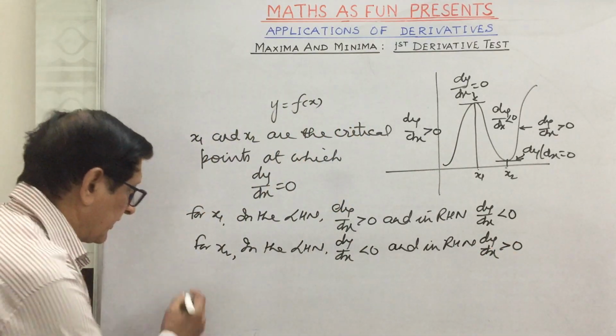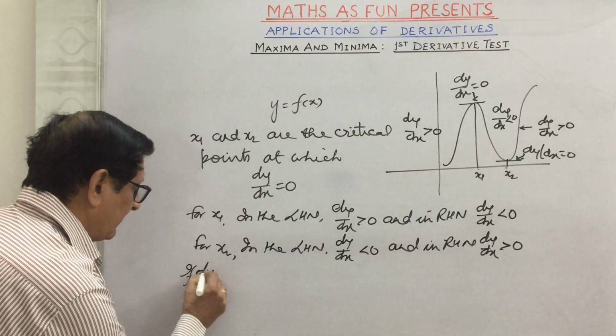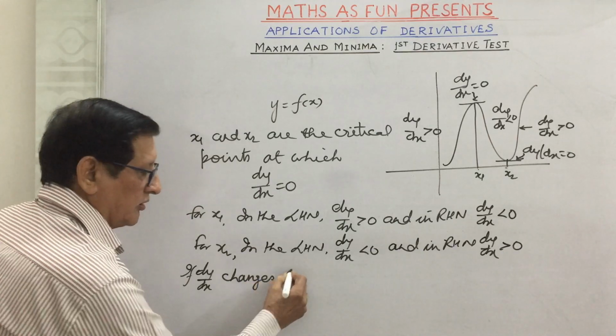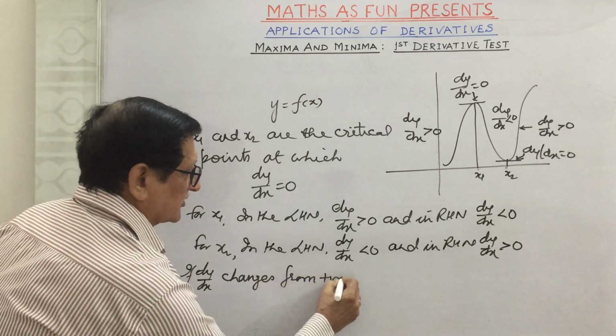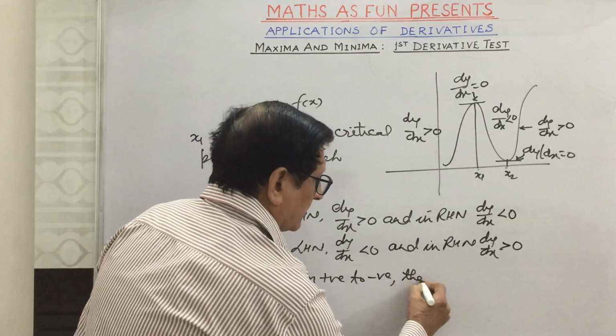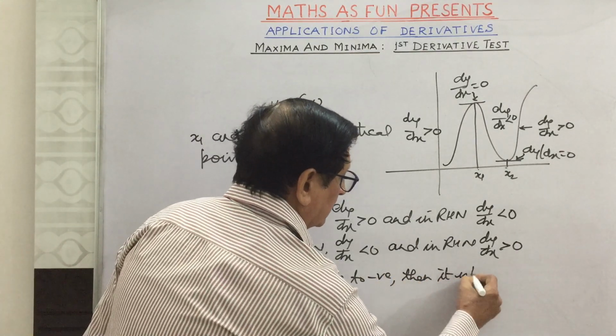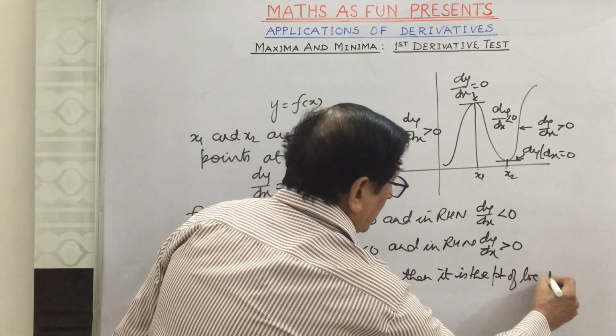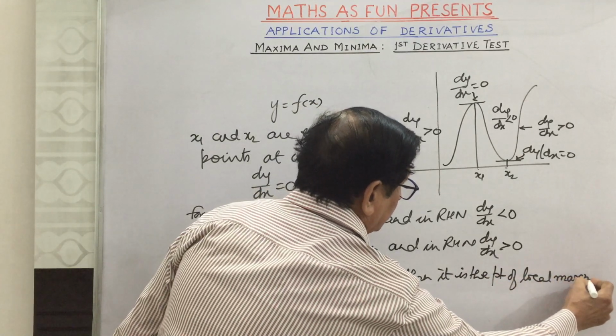Hence, we could say that if dy by dx changes from positive to negative, then it is the point of local maxima.